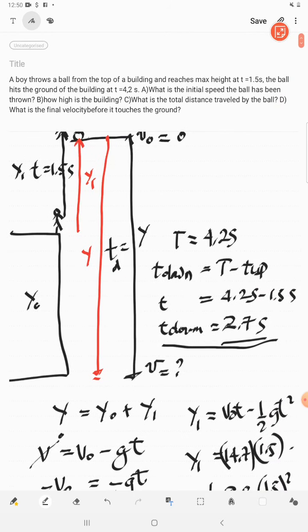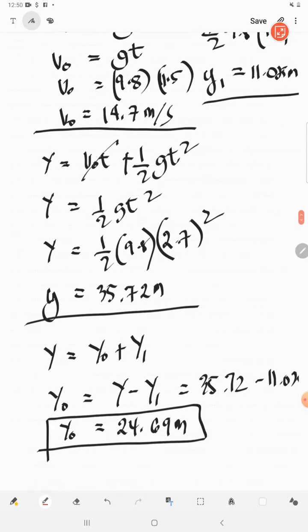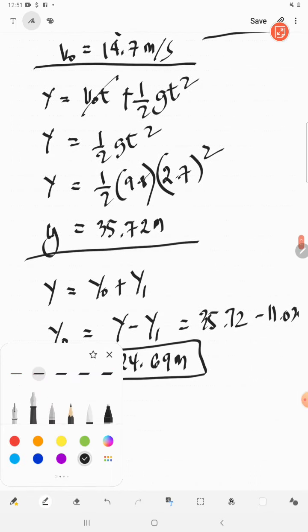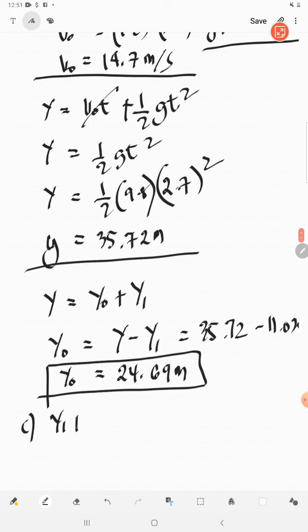And what is the total distance traveled by the ball? The total distance traveled by the ball is simply this y1 plus y. So for letter C, the total distance traveled is simply y1 plus y.